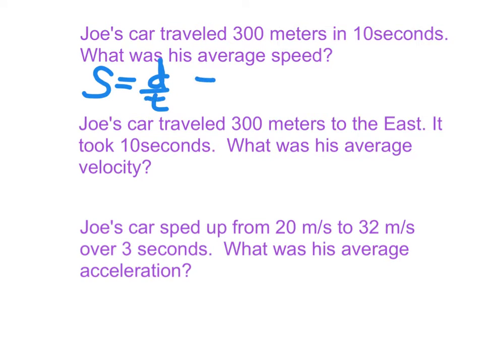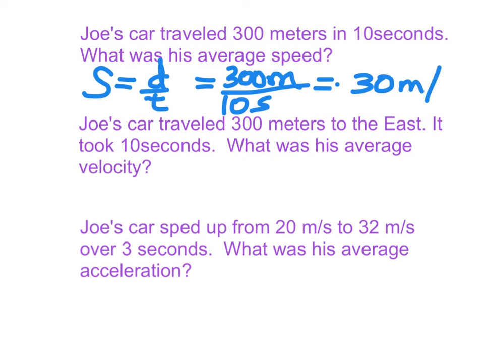So you would write that, and then you'd just plug in the numbers you were given. The distance is 300 meters. Notice how I include my units when I do this. Divided by the time, which would be 10 seconds. And then when I calculate that out, I'm going to get 30, and my units will be meters per second. And those are units of speed, the ones that we're going to use.